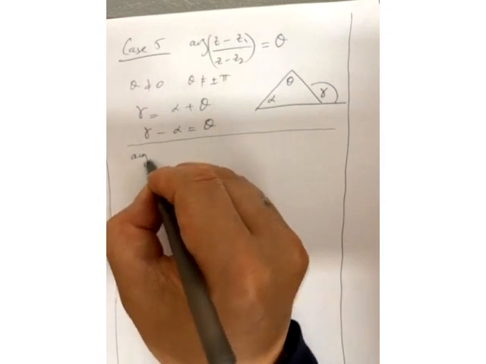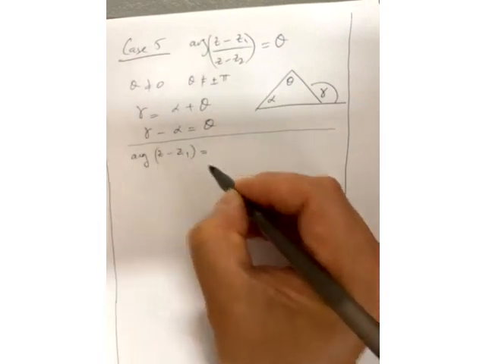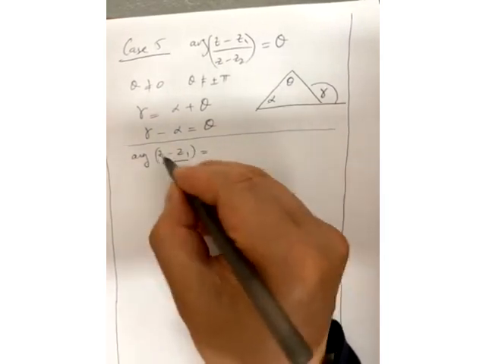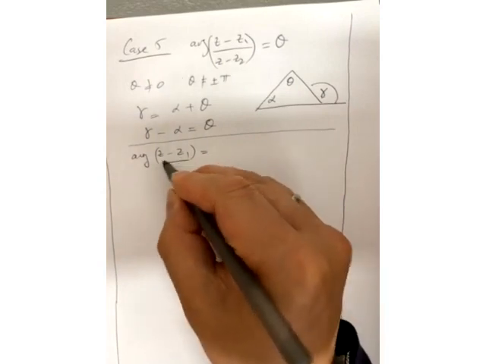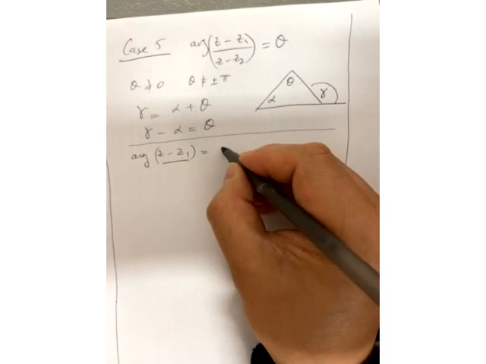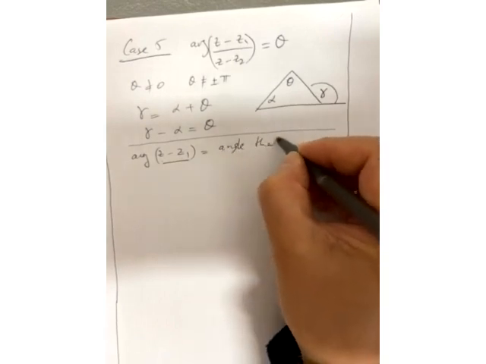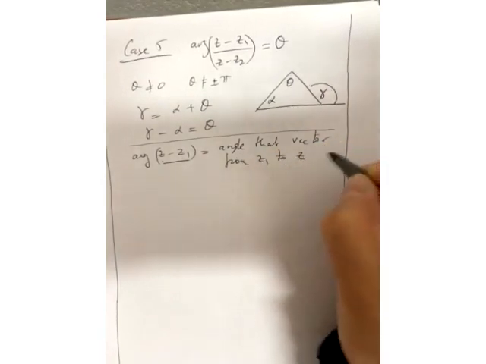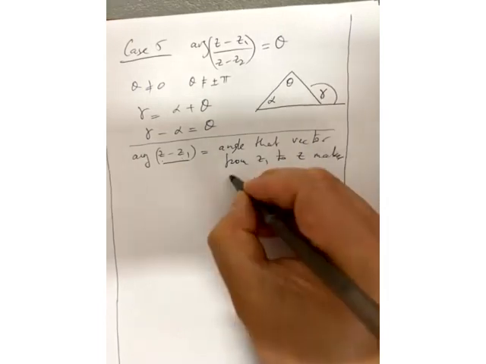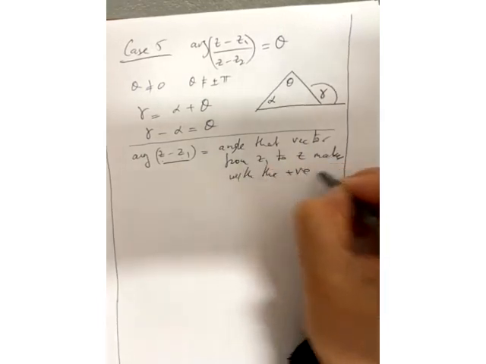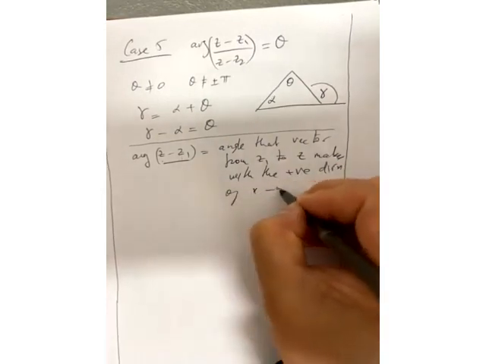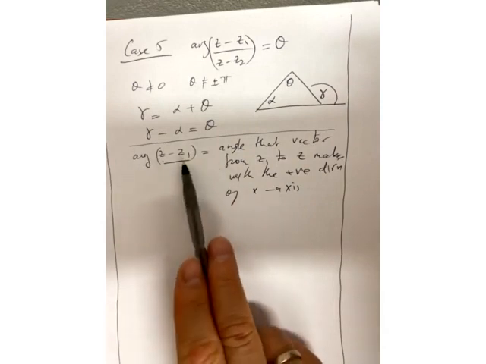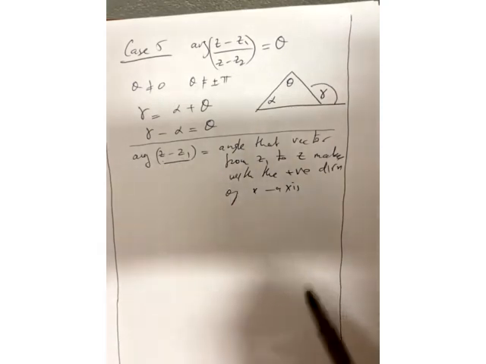Also, a recap: arg(z minus z1), very important you know this definition, is viewed from a vector perspective. What is inside the bracket is a vector from z1 to z, and arg(z minus z1) is the angle that the vector from z1 to z makes with the positive direction of the x-axis.